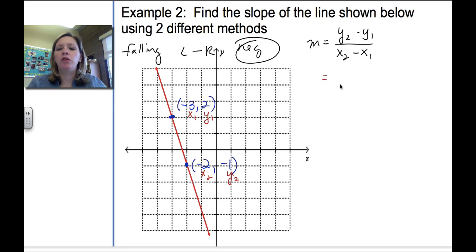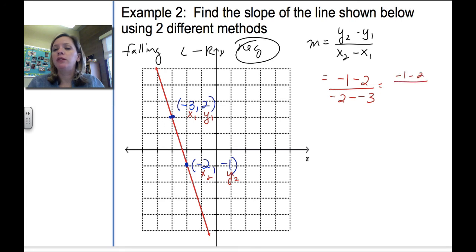Plugging those into my formula, we would have negative 1 minus 2. So the y2 is negative 1, y1 is 2, so we're subtracting those. x2 is negative 2, but I'm subtracting x1, which is negative 3. So be really careful with your arithmetic here.